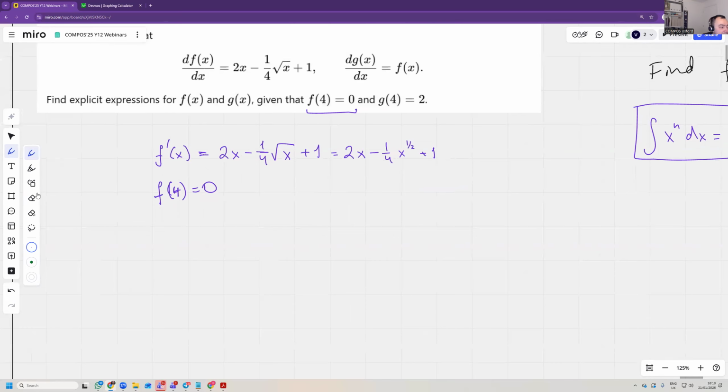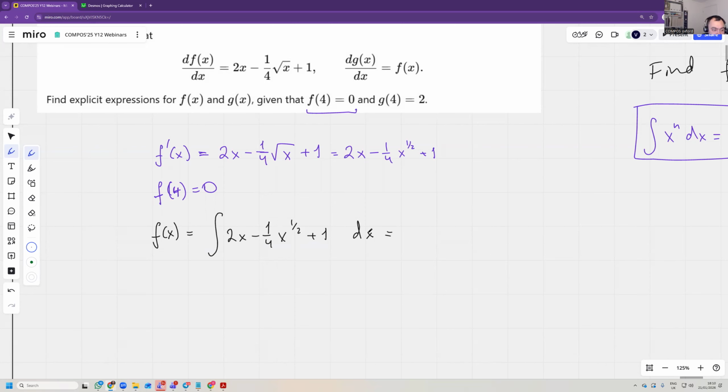And here we would write: if f dash of x is this, then f of x is the integral of 2x minus 1/4 x to the power half plus 1 with respect to x.